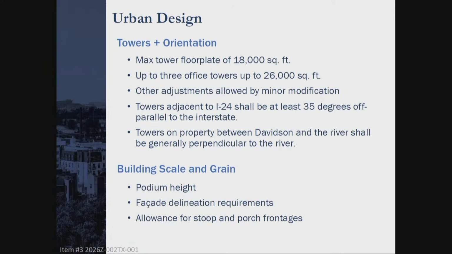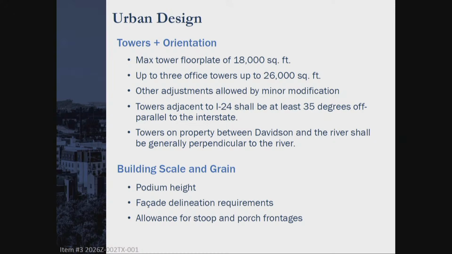Just to talk a little bit about what the standards are for the East Bend subdistrict in addition to height, we looked a lot at towers and the orientation of the towers and the maximum tower floor plates. So there's the maximum tower floor plate of 18,000 square feet. Up to 3 office towers with up to 26,000 square feet are permitted.